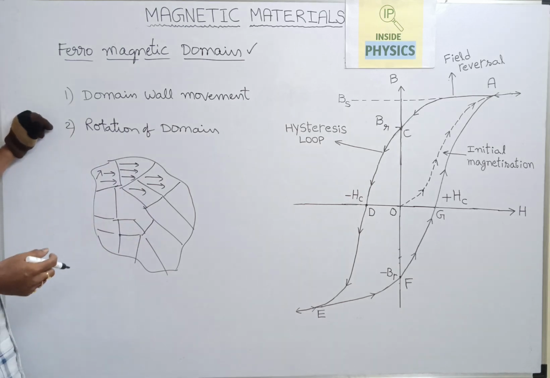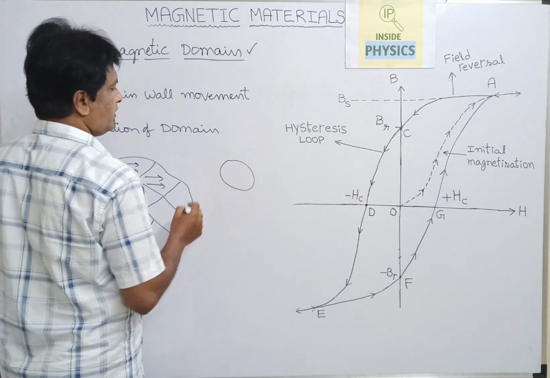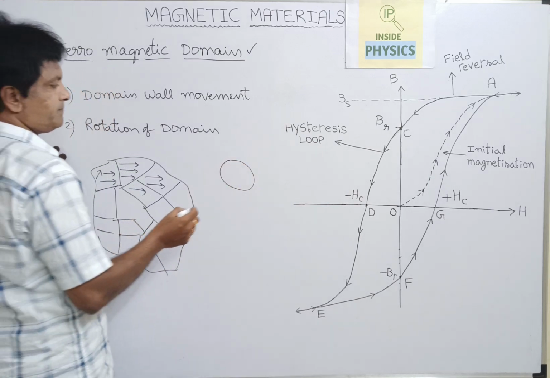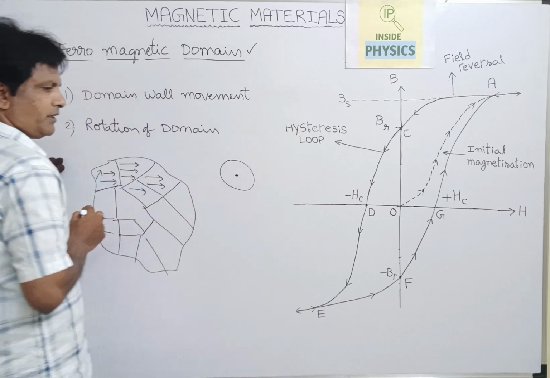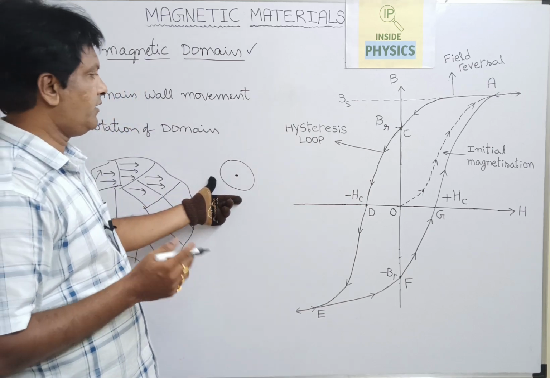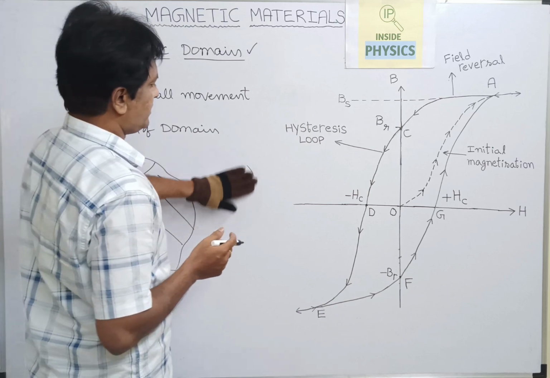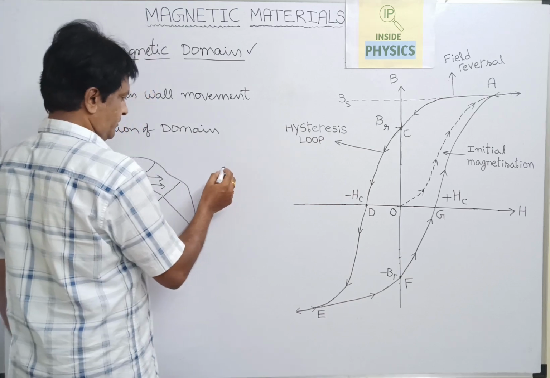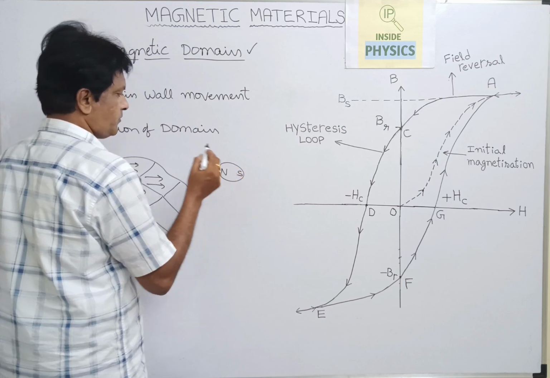The orientation happens generally like this: if you consider an atom as a dipole, it has an intrinsic dipole moment. The dipoles are considered as polar and non-polar. When you are considering the magnetic dipole, it must contain a north pole and a south pole.